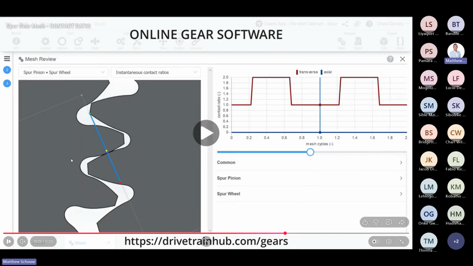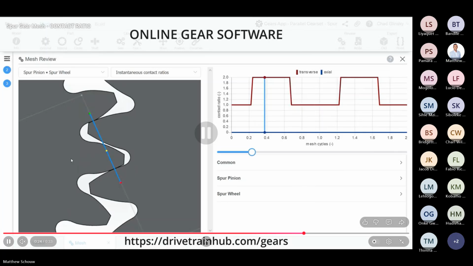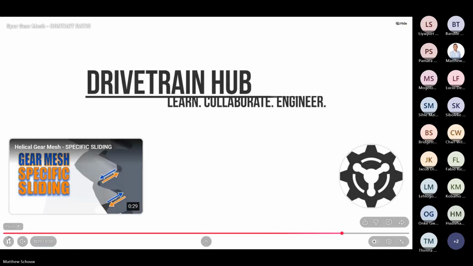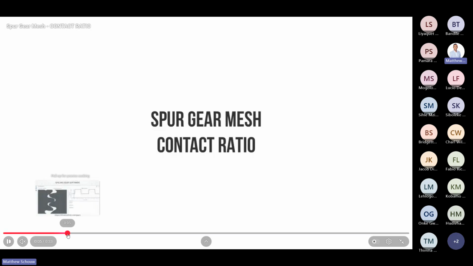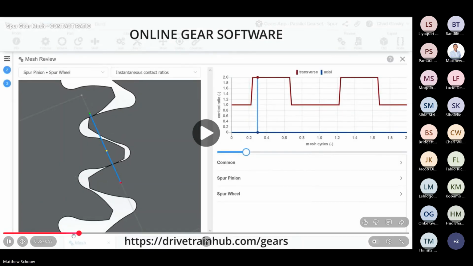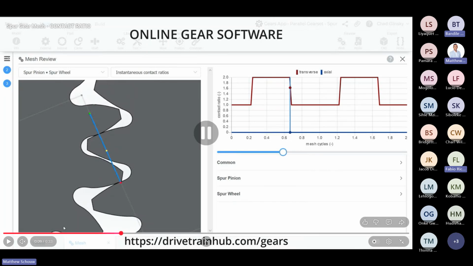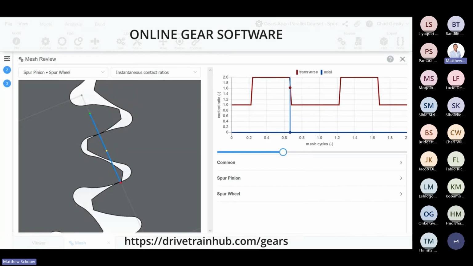So I just want to stop it somewhere around. Could we all see that? Yes, sir. Cool. So at 1.6, you'll notice there's one and then there's a slight overlap. Yeah, cool. So that'll just give you a visual representation of what you're actually calculating.